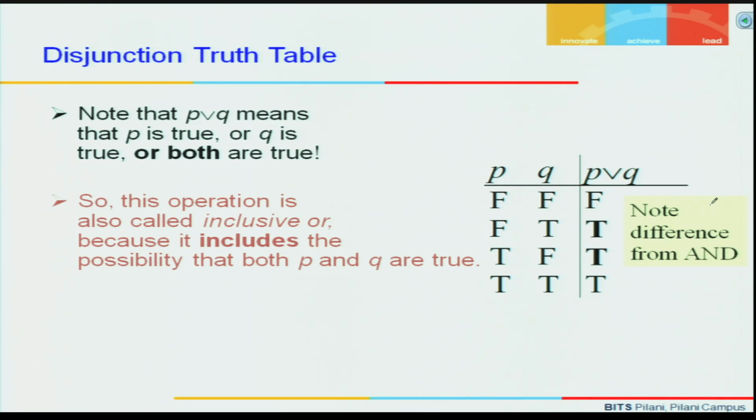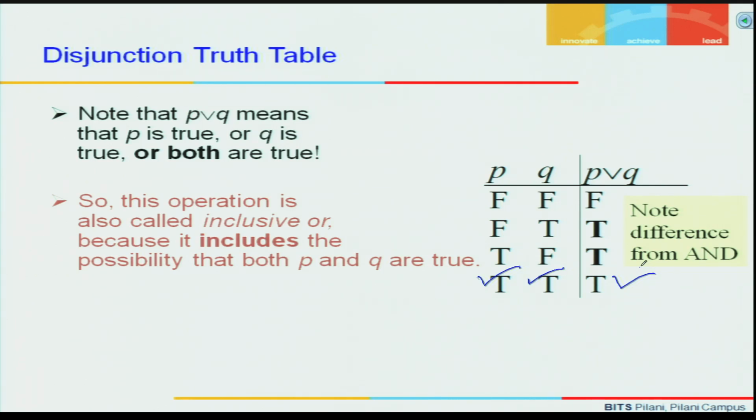What I mean here is, even if both P and Q are true, I am defining P or Q as true. It includes the possibility of both being true at the same point of time. Even if both of them are true, I define P or Q to be true.